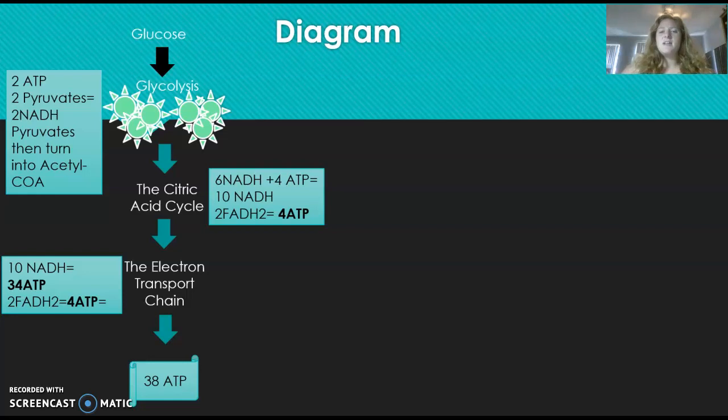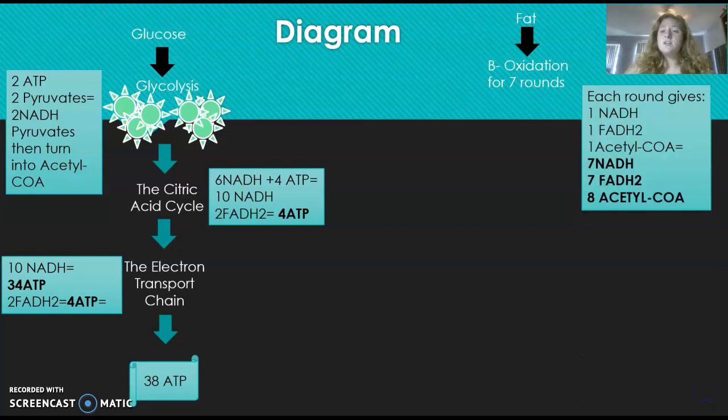During the fat cycle, which we're going to talk about next, we go into what is called beta-oxidation. For this, we go through 7 rounds. During these 7 rounds, we get 1 NADH, 1 FADH2, and 1 acetyl-CoA.